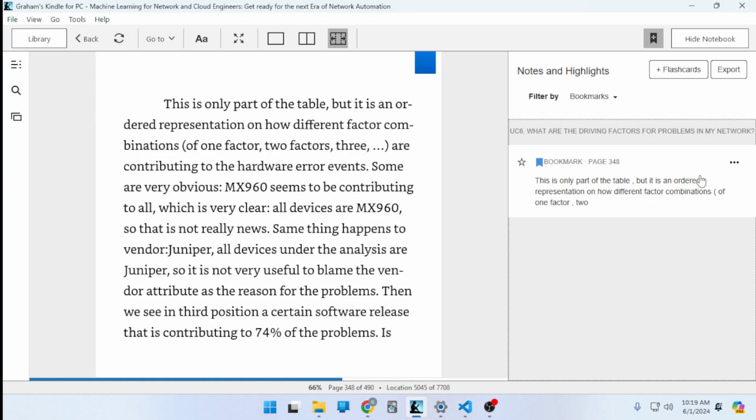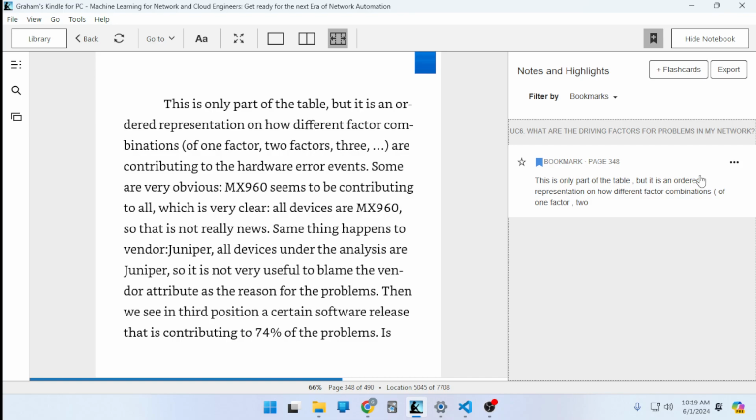All devices are MX960, so that is not really news. Same thing happens to vendor Juniper.